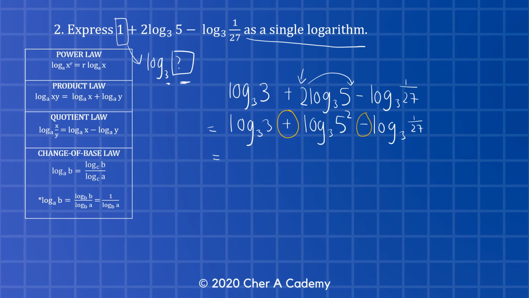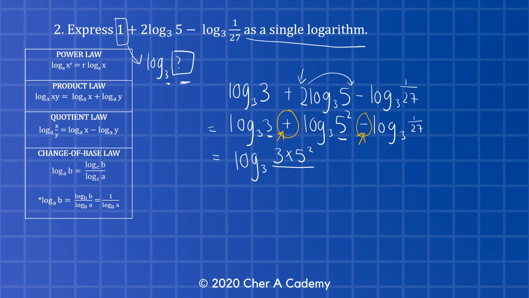So this tells me that I have to use the product law here, and this tells me that I have to use the quotient law here. So I put my log base 3 down. 3 and 5 squared will be on top, and they'll be multiplied by each other because it is a log plus log.